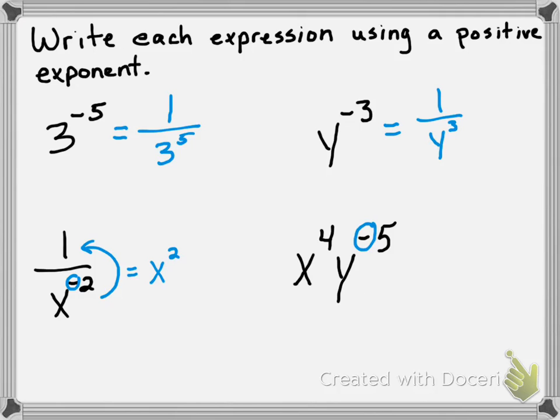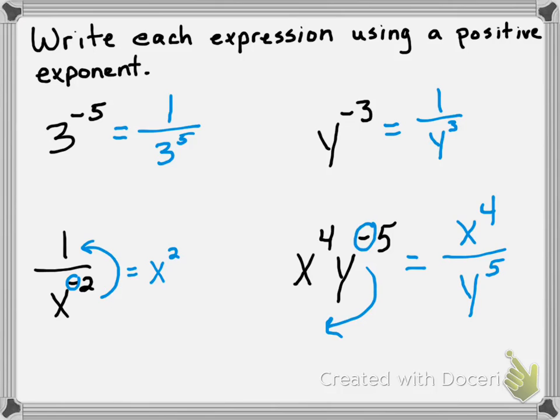Okay? So since this is negative, I'm changing this. I don't need to change the x because it's already positive. Okay, so the y to the negative 5th has to go down to become y to the 5th. So that gives me the answer of x to the 4th over y to the 5th.